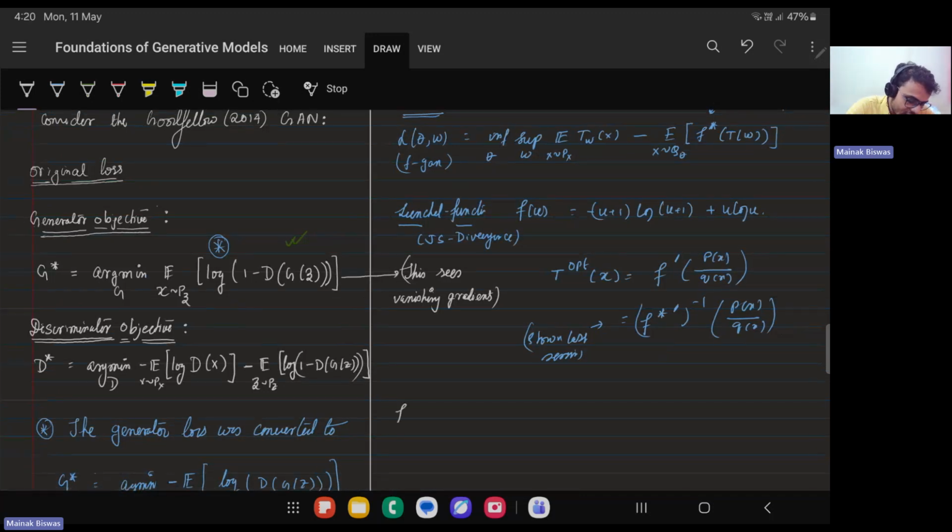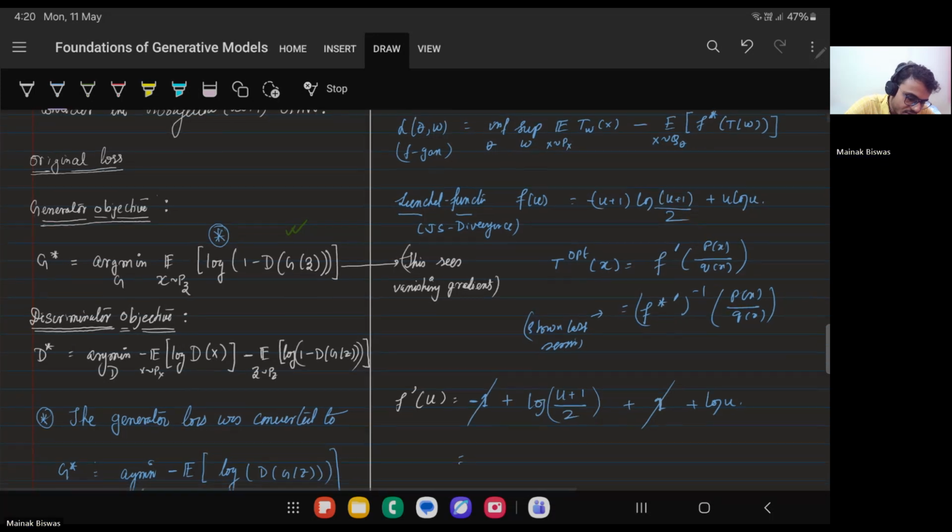So let's take f dash of u, and we get, there was a u by 2 somewhere. Yes, this is u by 2, and this would become minus 1 plus log of (u plus 1) by 2 plus 1 plus log u. And this gets cancelled, this was a negative sign, and you end up having log of 2u by (u plus 1).